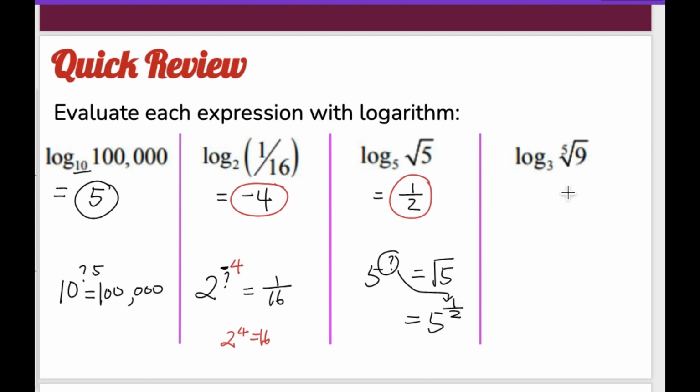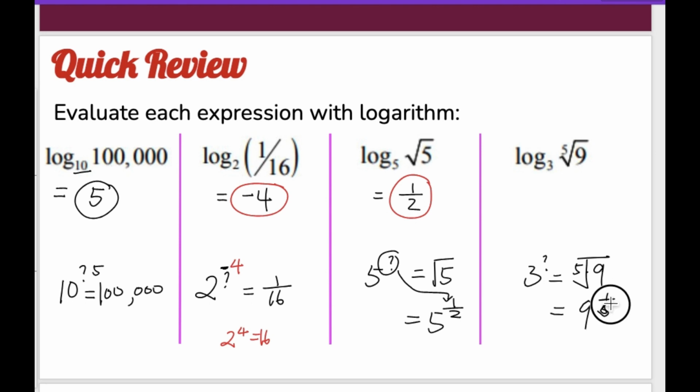Now, the last one is a little bit tricky, but let's have a quick review here. This one is asking us: 3 to what power is the fifth root of 9? To figure this one out, we are going to write it in exponential form, which is 9 to the 1 over 5.